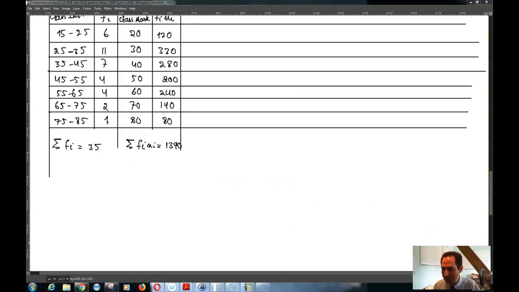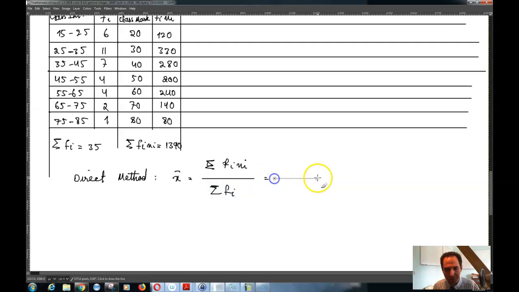So based on the first method that we had, which is the direct method, we said that x bar is equal to sigma f of i times x of i over sigma f of i.